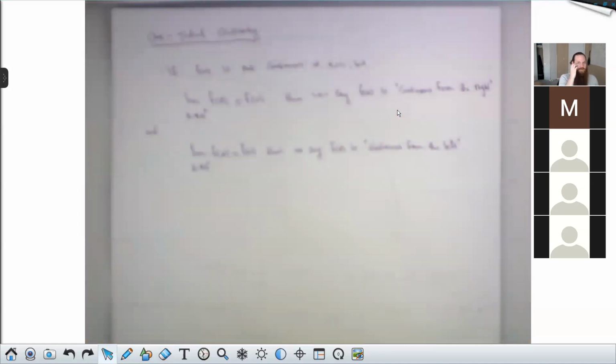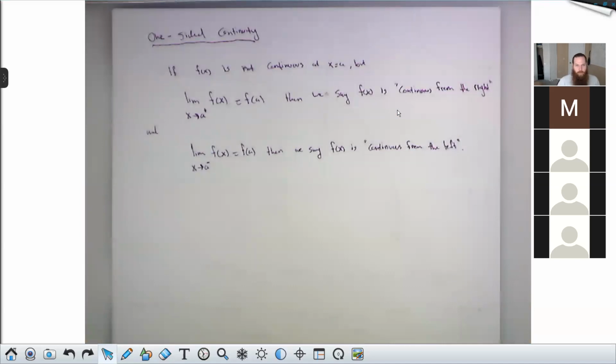So if from one side things appear to be okay, like maybe you blow up to infinity on the left, but as you come in from the right everything looks okay, the limit as x approaches a from the right exists and is equal to the value of the function there, then we would say that you're left continuous or right continuous, but you're still not continuous overall, right?